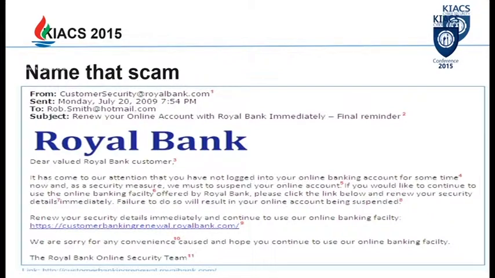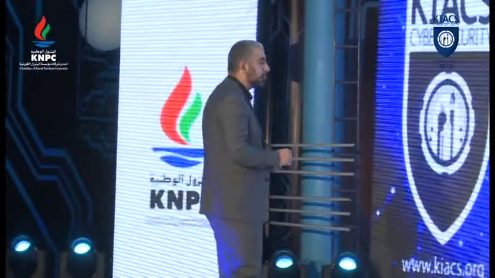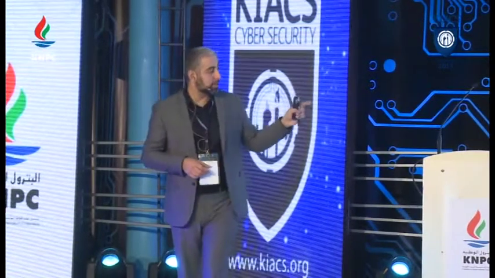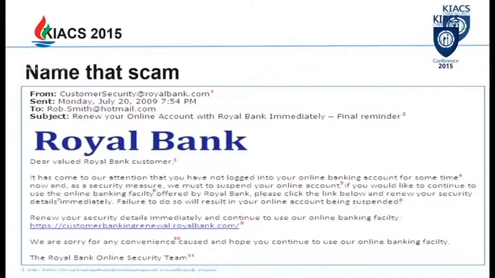Now I know it's very easy to say, oh, well, the user should have known or shouldn't have done something. But they're using subconscious techniques. They're using authority. You may not be able to see this because the chairs are in the way, but number 9 says, renew your security details immediately, click on this link. And if you don't click on this link, we're going to disable your account.